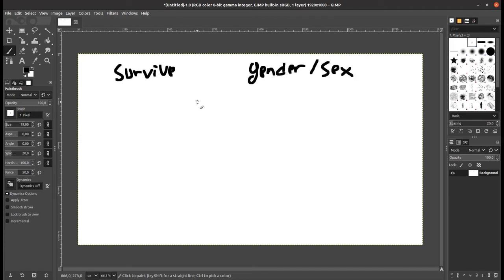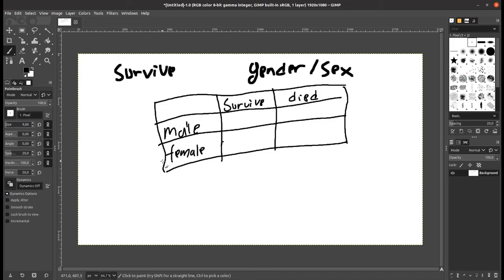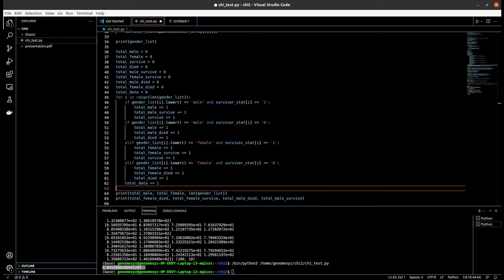And if we draw it in the contingency table, it will be like this. So that's why in the script I write it like this. I want to fill this column.